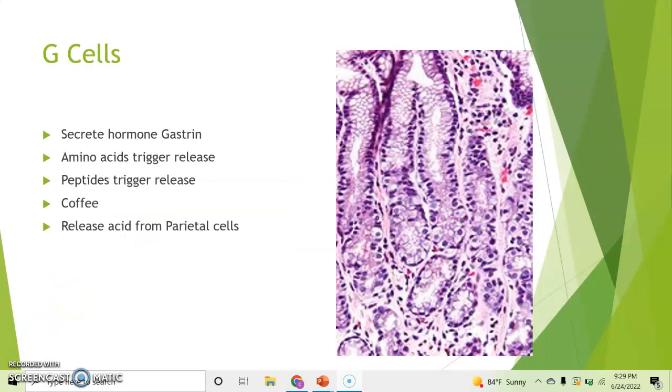All right, so the first cells I'm going to talk about are G cells. These are called G cells because they secrete gastrin, which is a hormone. Gastrin is released by the presence of amino acids and peptides in the stomach. Also, something that's interesting is coffee also releases gastrin.